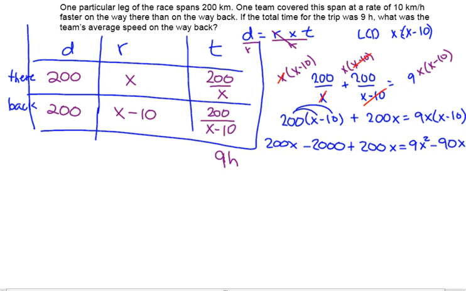Okay, so we have a problem. We're solving with an x squared. So what does that mean if we solve with an x squared? Put everything on one side. You might want to collect like terms here first. So we have 400x minus 2,000 equals 9x squared minus 90x. And then bring these over.